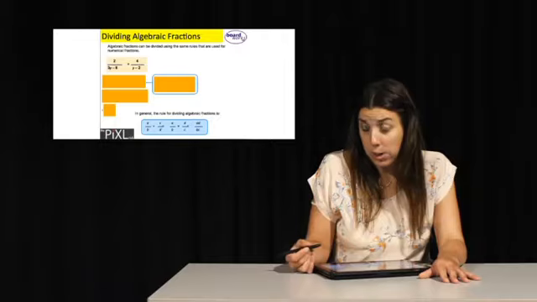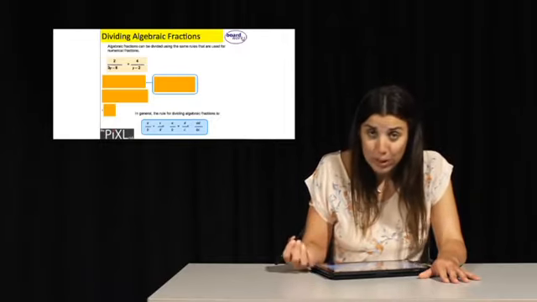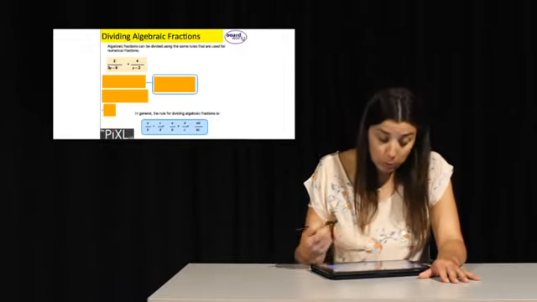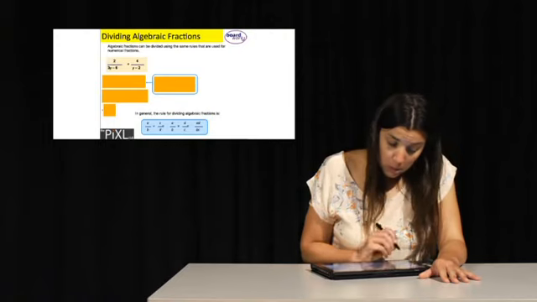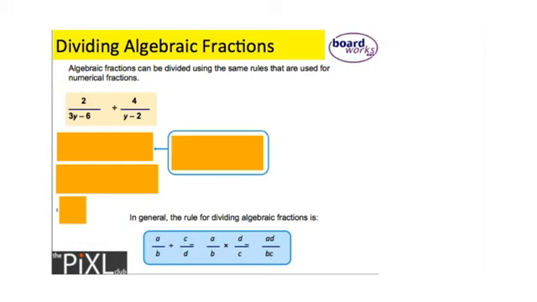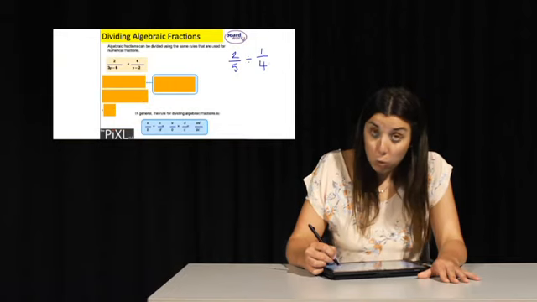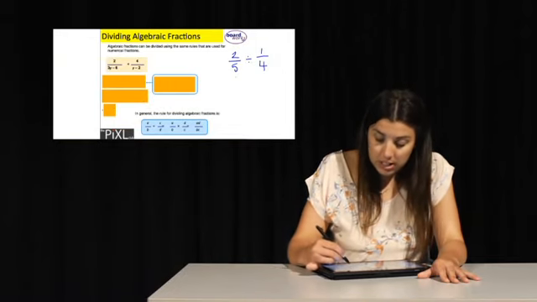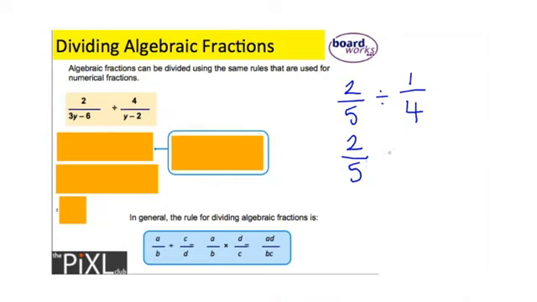Similarly, when we are dividing fractions, we apply exactly the same rules, whether they have algebra in or not. So if we look at a numerical example to start with, we have 2 over 5 divided by 1 over 4. Our rule for dividing fractions is as follows. Your first fraction stays the same. You then multiply that by the reciprocal of the second fraction.